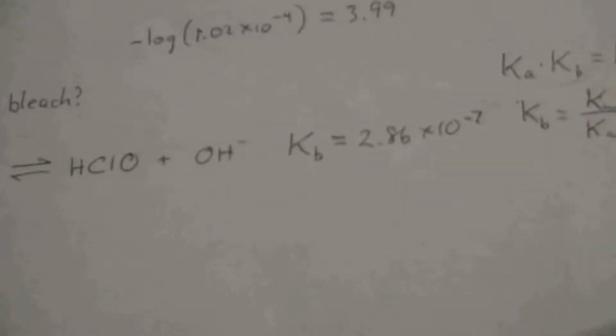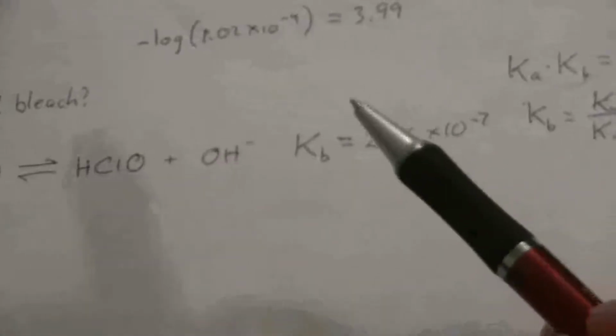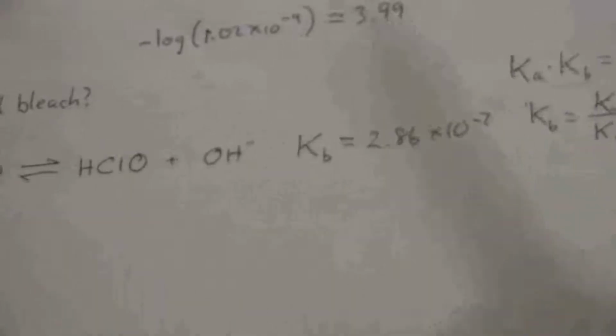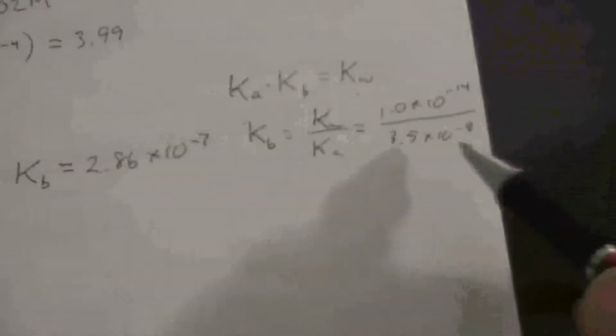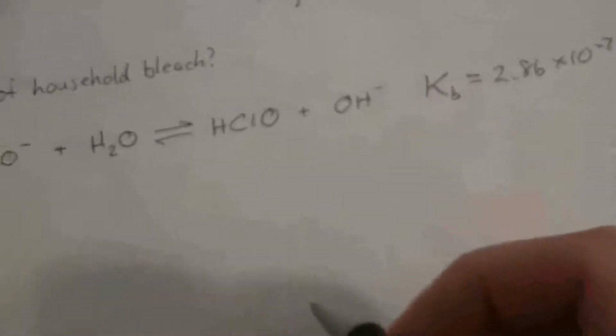Incidentally, you could also look this up in a table, and sure enough, in the book it shows 2.9, which is good to two significant figures, which is really all I have here, but I include the third one out of habit for minimizing rounding errors.